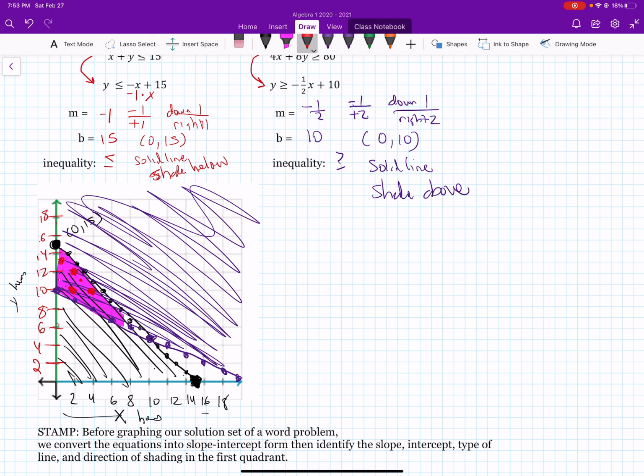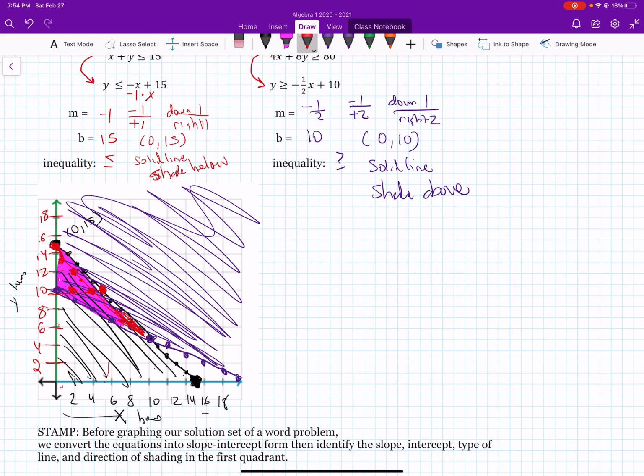And also because these lines are equal to, they're all inclusive, we can also say, what's a good one on this line? We can now also say we can not even work our first job at all and just 15 hours at the second job. But we want to do both jobs, so maybe right here, where she works 5 hours at the first job, 10 hours at the other.